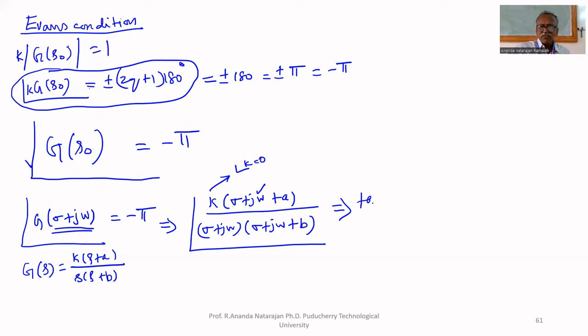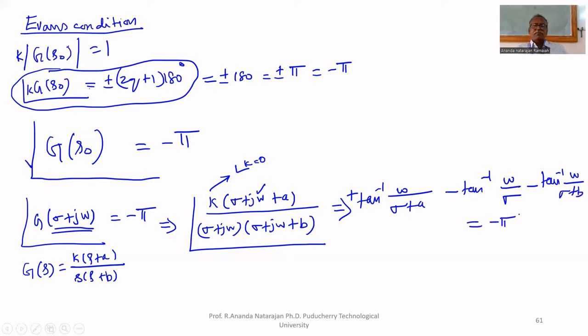So tan inverse of omega divided by sigma plus A, minus tan inverse of omega divided by sigma, minus tan inverse of omega divided by sigma plus B, equals minus pi, because we are assuming that it is 180.